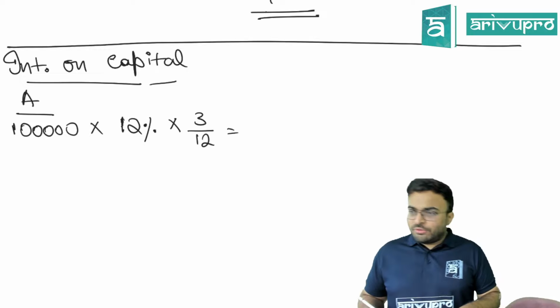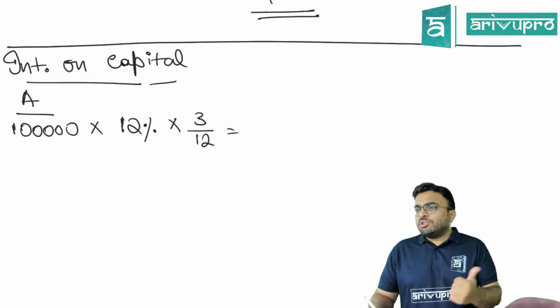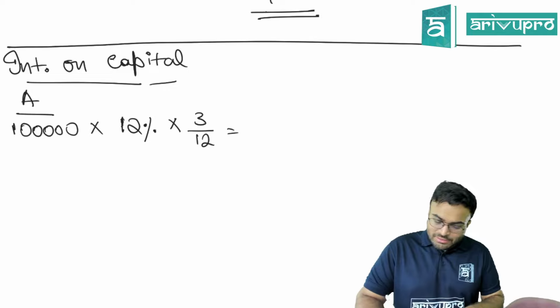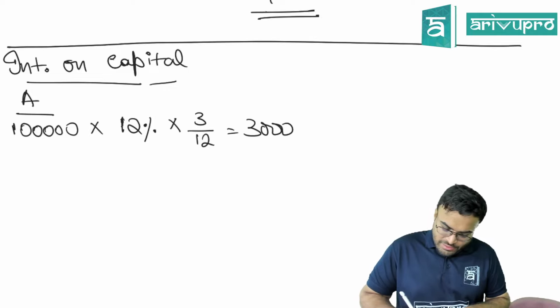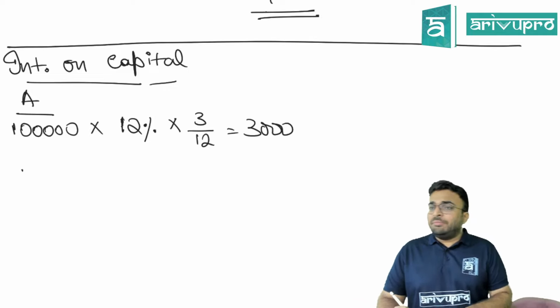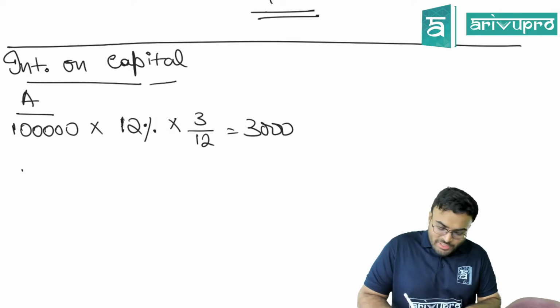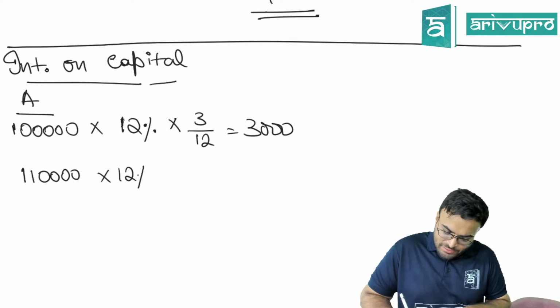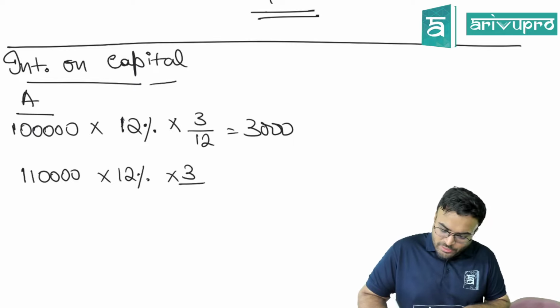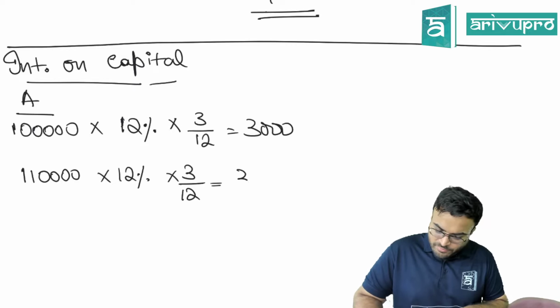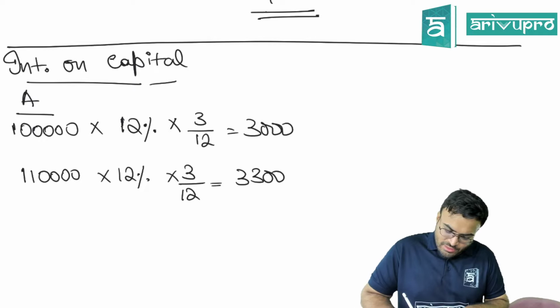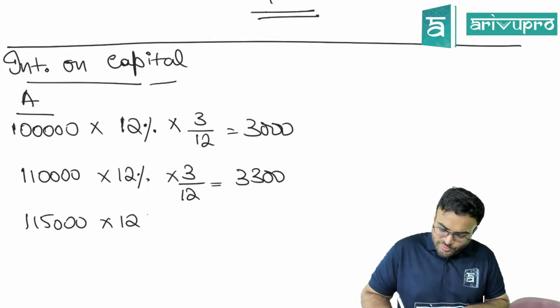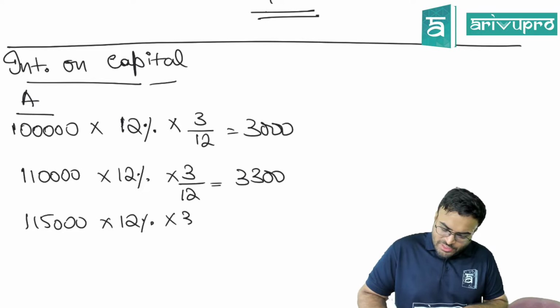Can you give me this value? Here also we have an alternative method. 3,000. Then what did the capital become? 1,10,000 it became. So 1,10,000 into 12% into 3 by 12. Again it was 3 months. 3,300. Then it became 1,15,000 for 3 months, so into 12% into 3 by 12.